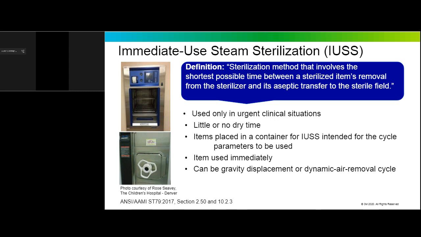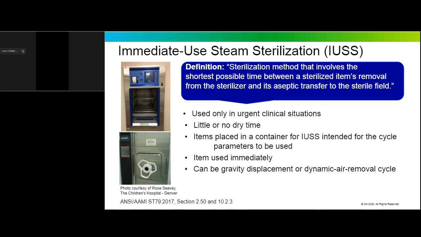Thankfully nowadays we have a really good consensus in our industry, and the consensus includes the concept that IUSS is only done in urgent clinical situations. There's little or no dry time, meaning the item cannot be put up for sterile storage. The item should be placed in a container that's validated for IUSS, and you're running the cycle parameters that the container has been validated for.